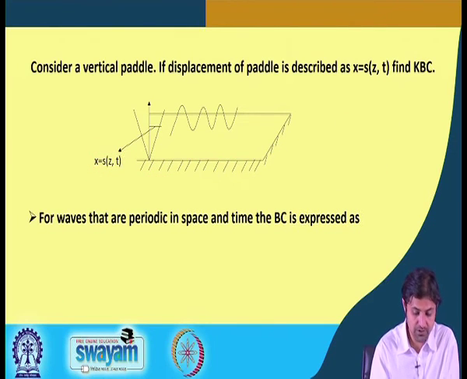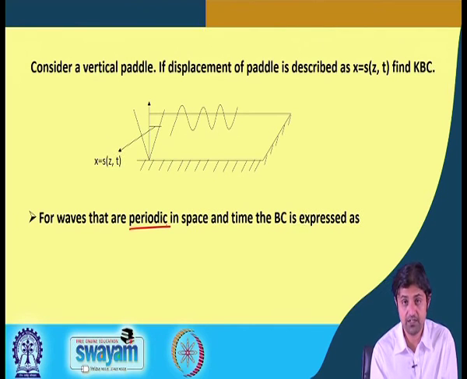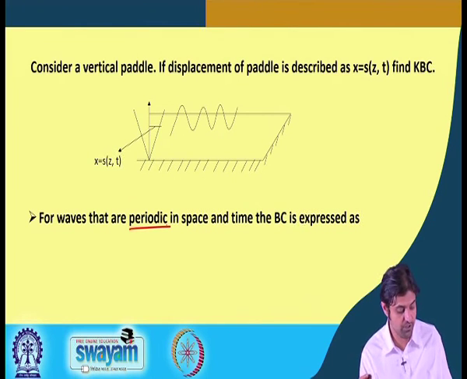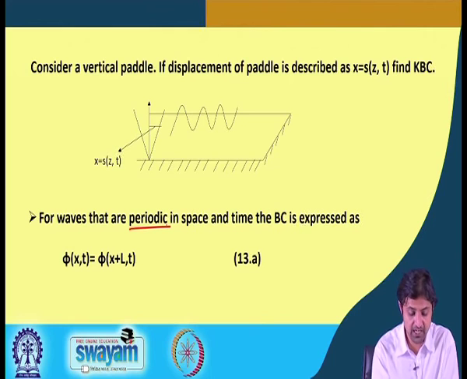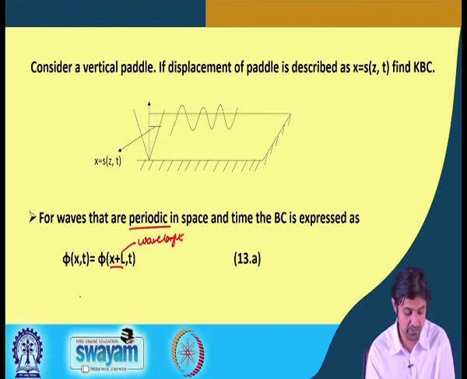Another lateral boundary condition could be for waves that are periodic. Periodic means they have a wave period and it repeats in space and time. So, for waves that are periodic in space and time, the boundary condition can be simply represented as phi of x comma t will be the same as at x plus L, where L is the wavelength. This is the periodic boundary condition in space.